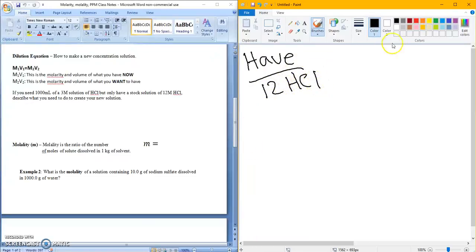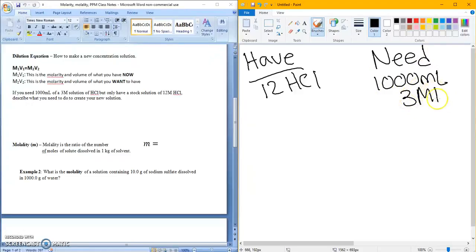But for your specific experiment, you need 1,000 milliliters of 3 molar HCl. If you haven't caught on, this is the example problem. So, we have 3 molar HCl, which is a low concentration. We have 12 molar HCl, which is a high concentration. Now, how am I supposed to get from a high to a low?